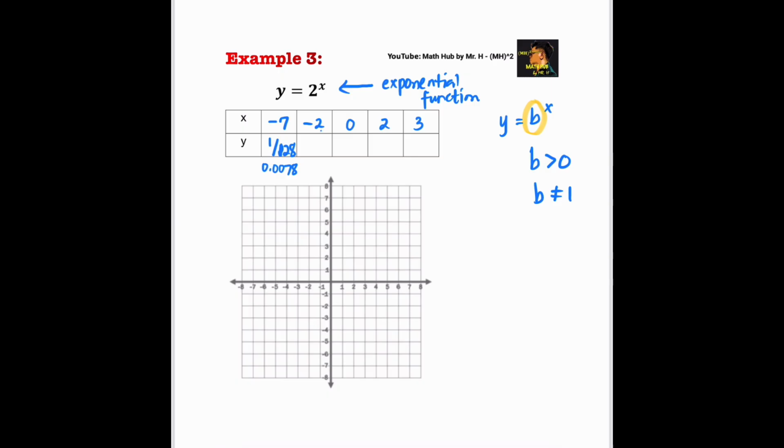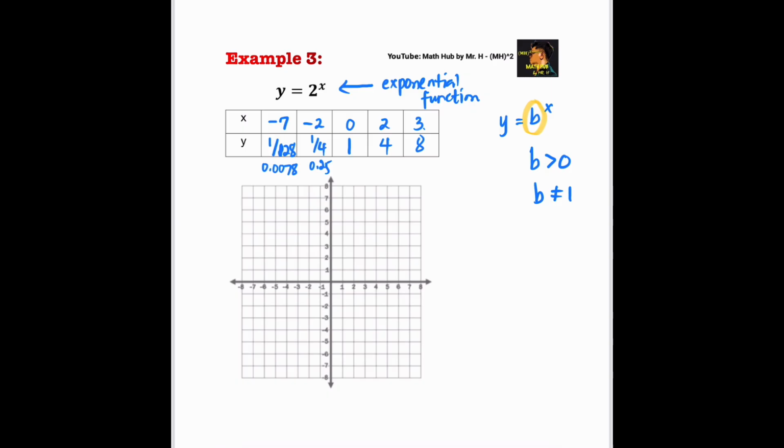Now, if x is -2, definitely 2 to the power of -2 is 1/4, or 0.25. 2 to the power of 0, any number raised to 0 will be equal to 1. If x is 2, 2 to the power of 2 is 4. 2 to the power of 3 is 8.